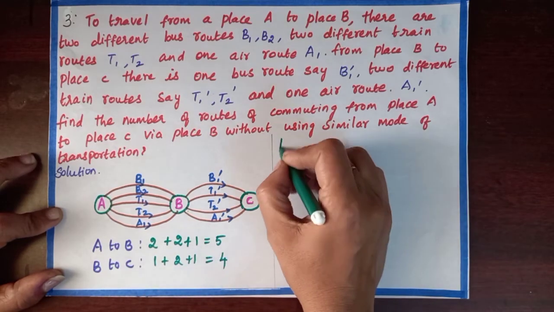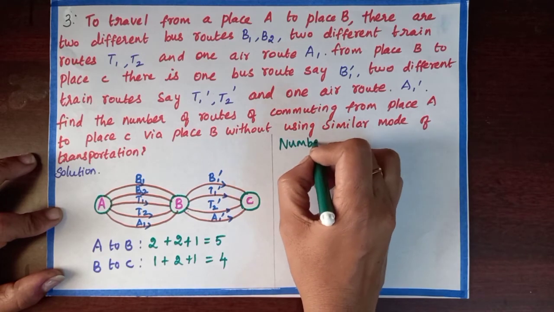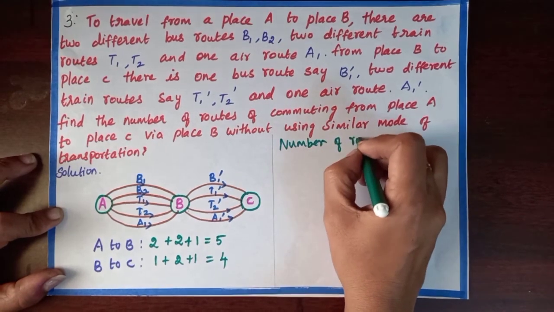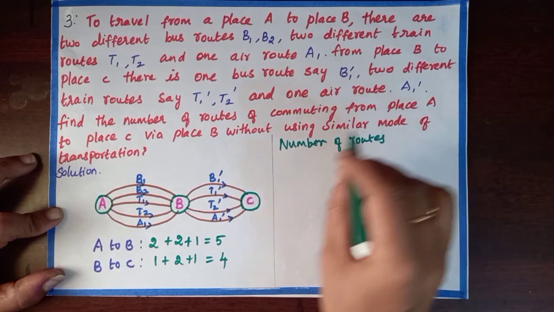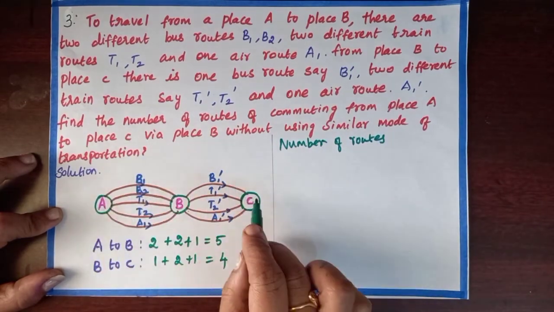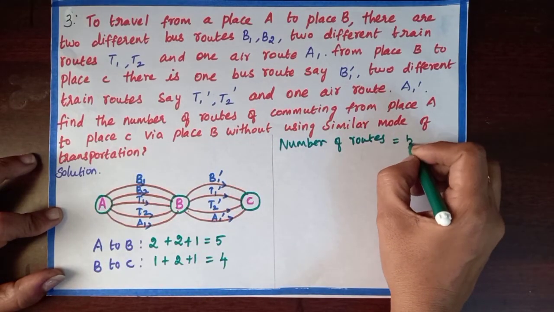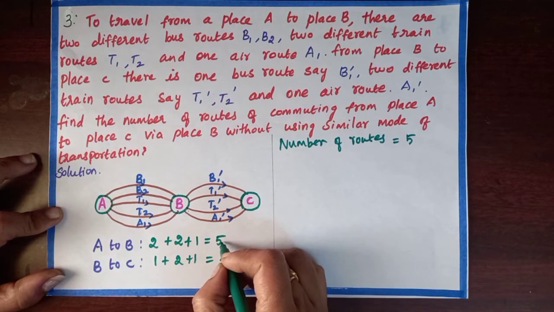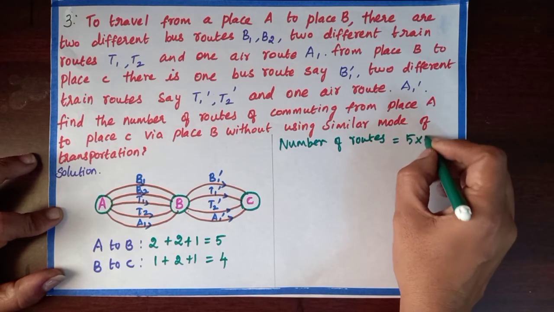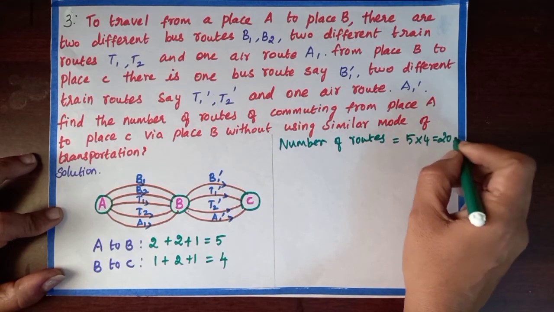Now, the number of routes commuting from A to C is 5, from A to B, into 4, from B to C. 5 into 4 is 20.